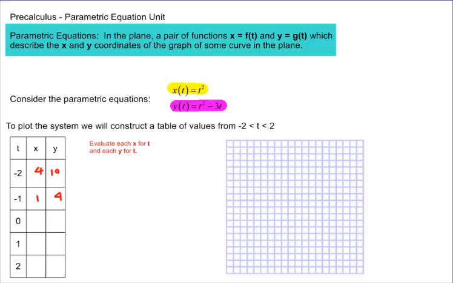What about 0? So x equals 0 squared, and y equals 0 squared minus 3 times 0. So both of these are going to be 0. And then at 1, this is going to be 1 and negative 2.